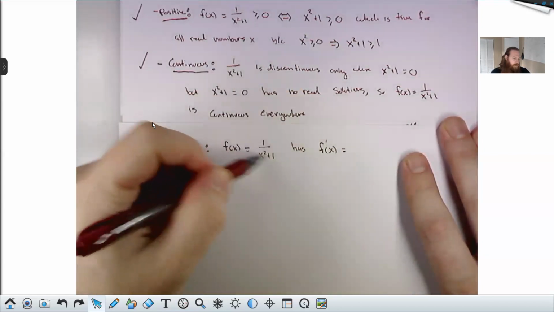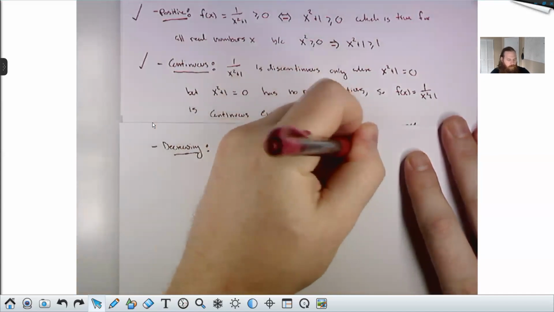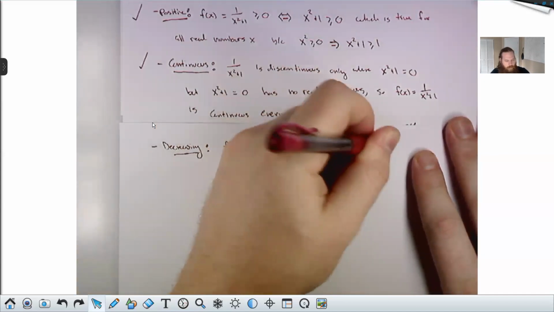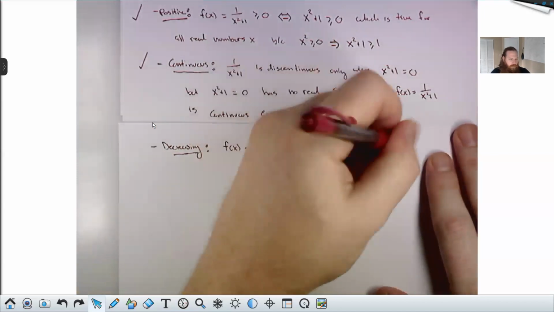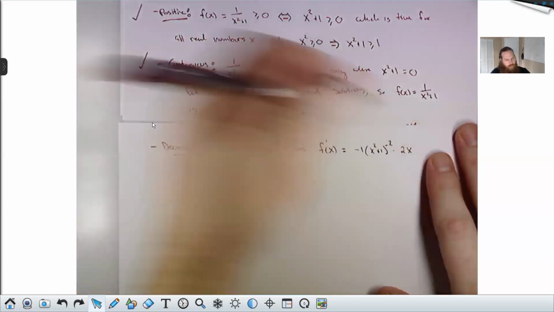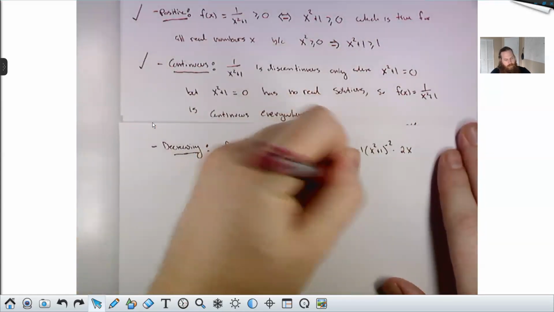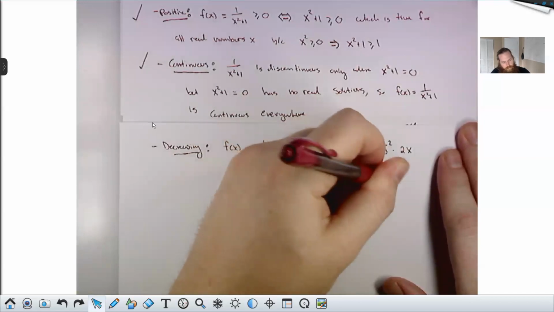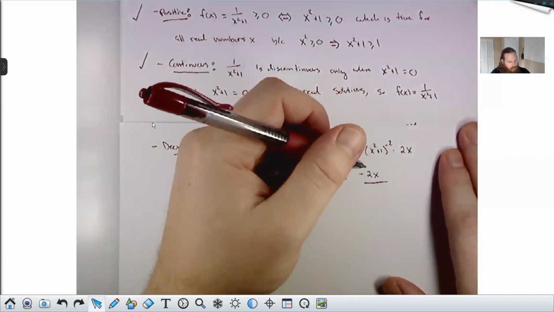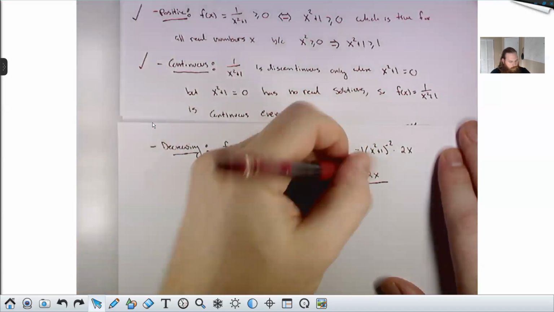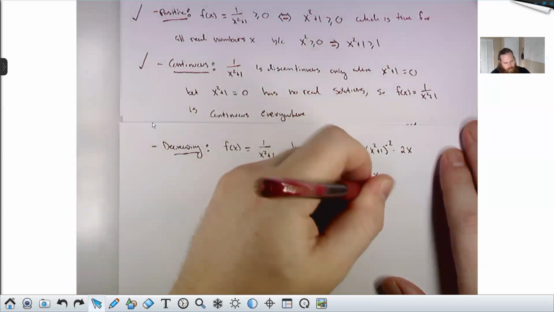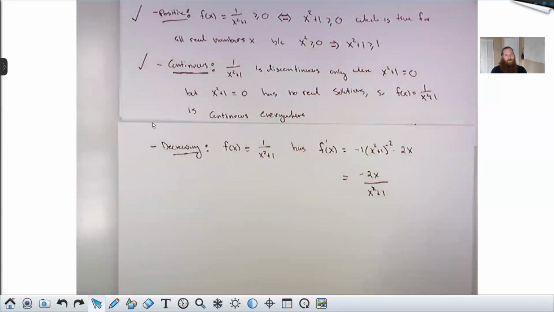I'm differentiating x squared plus 1 to the negative 1, so that would be negative 1 times x squared plus 1 to the negative 2 times the derivative of the inside, which is 2x. So this derivative is negative 2x over x squared plus 1 squared. Yep, good, just double checking.